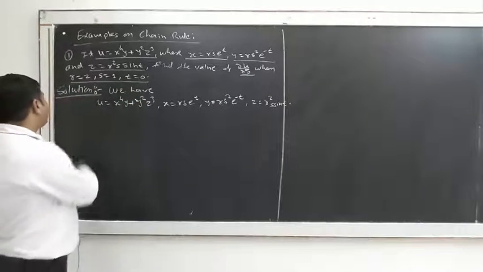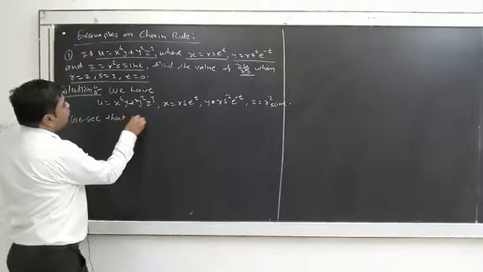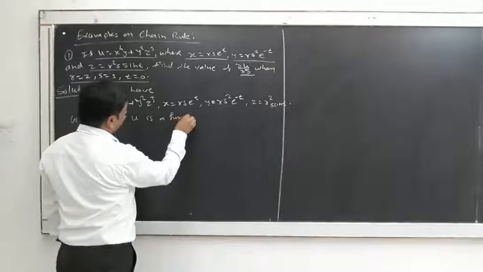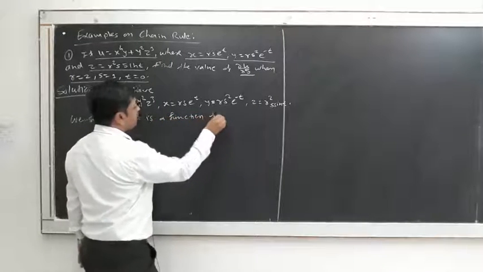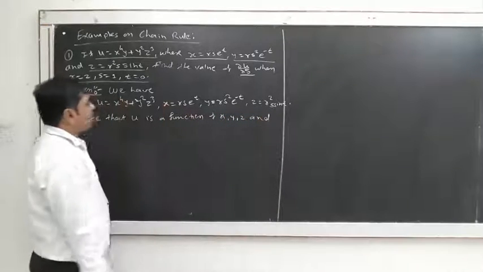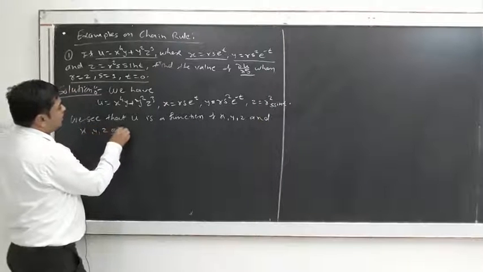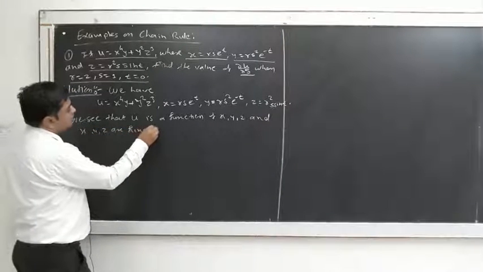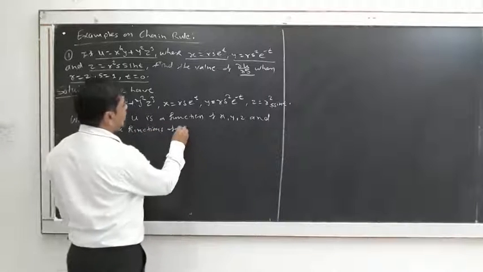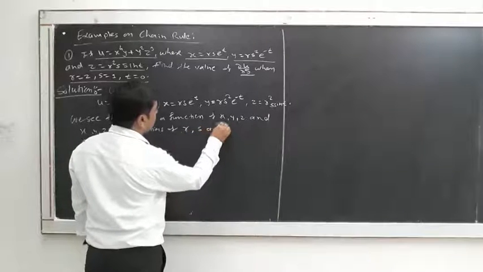What we see here? U is a function of x, y, z, and x, y, z are functions of r, s and t.